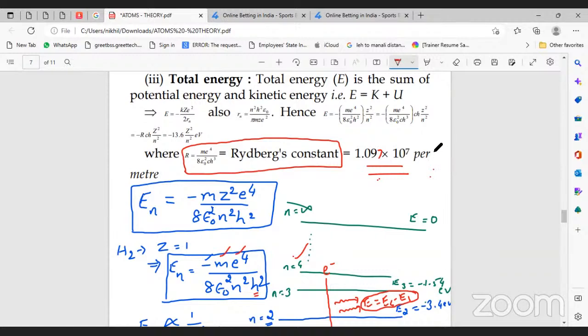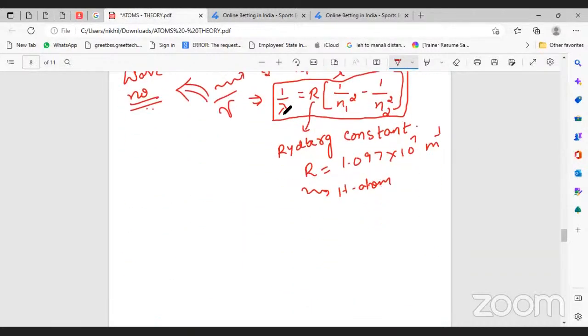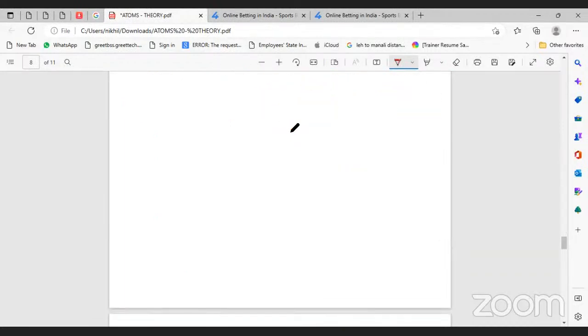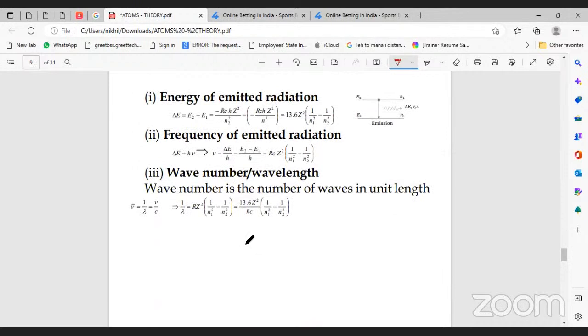Yes, students, if you know the orbit numbers from where to where the electron is coming, it is sufficient to calculate the energy associated and the wavelength related to that transition. Look at the same formula.